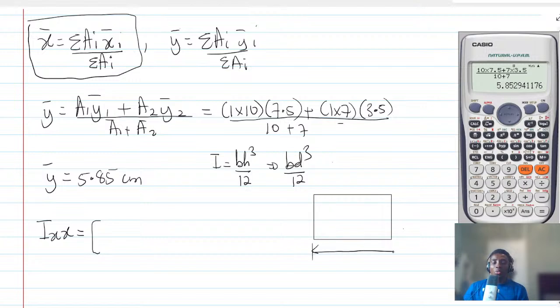This side is B, and this side here is D. So when we say BD cube over 12, all we are trying to say is that this side multiplied by D cubed and divided by 12.